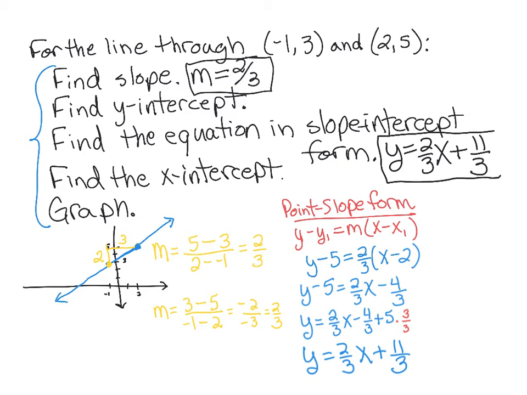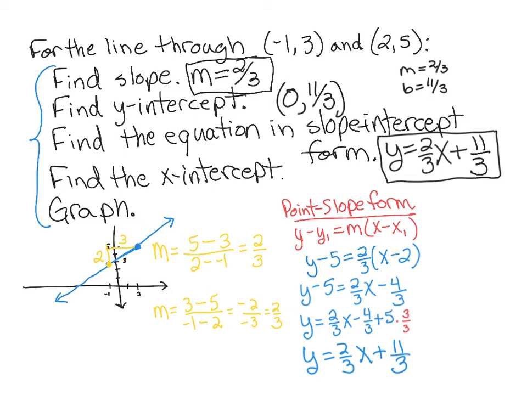From that equation, if you plug in a 0 for the x, you get your y-intercept is 11/3. So what I have now, m is 2/3, b is 11/3, y equals mx plus b, so the plus b is plus 11/3. That's my y-intercept. See how it all works together?